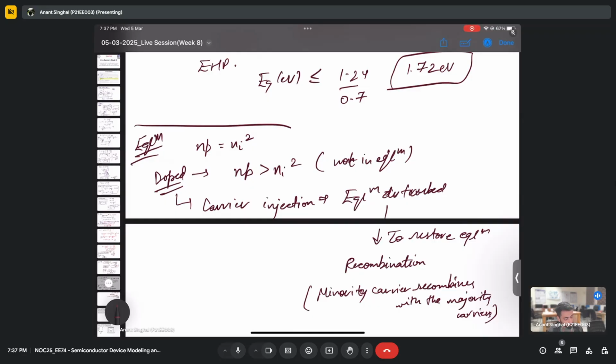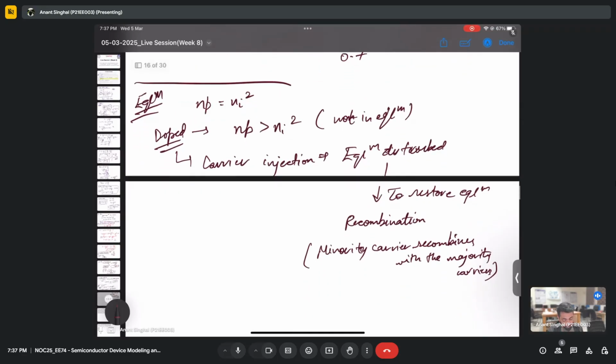To say it in a single line: generation is a process where electrons and holes are created, and recombination is a process where electrons and holes are annihilated. That is, we are recombining them, so there is no generation of those electron hole pairs.